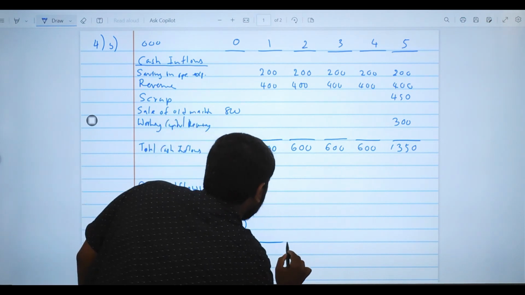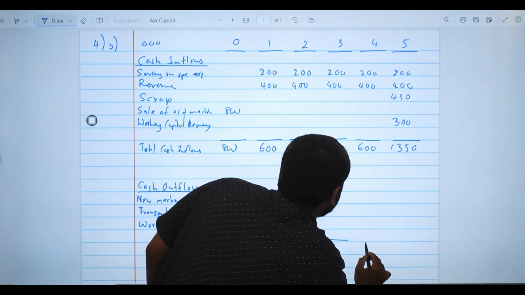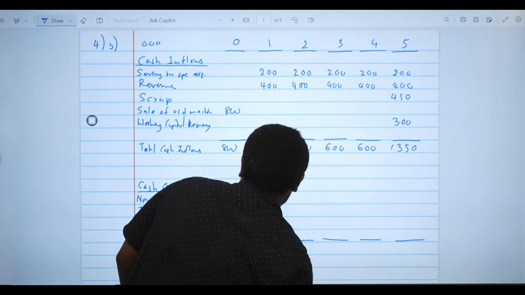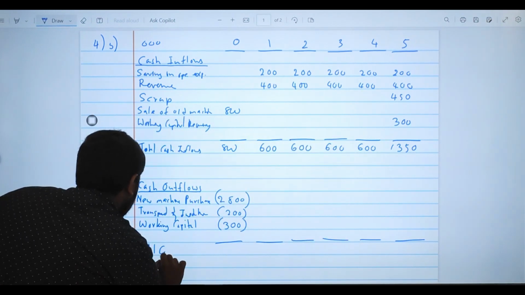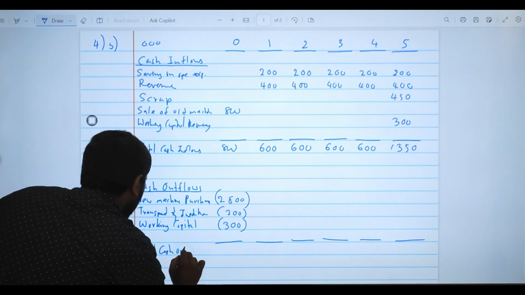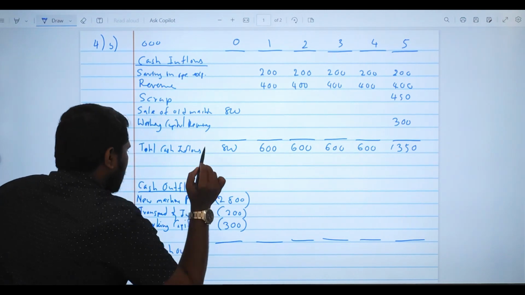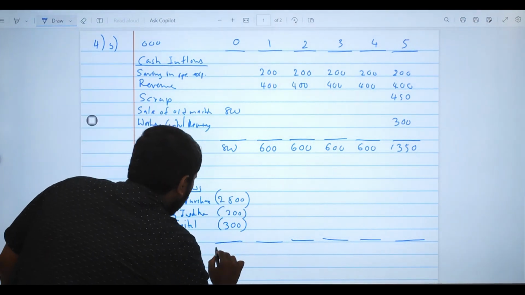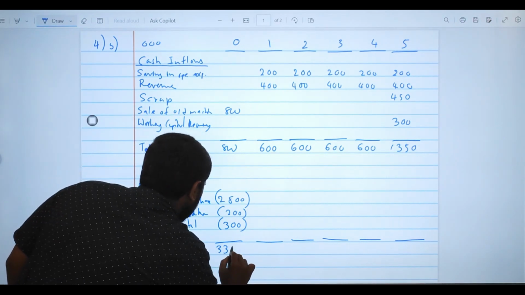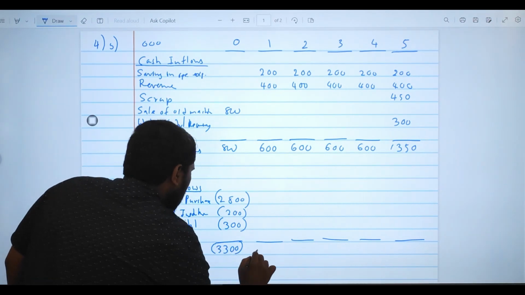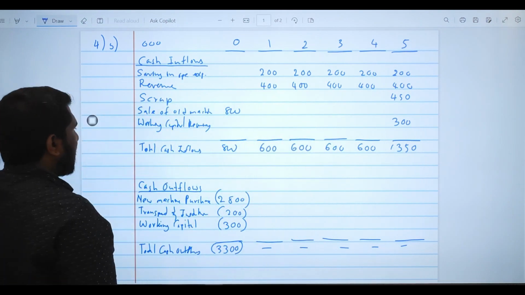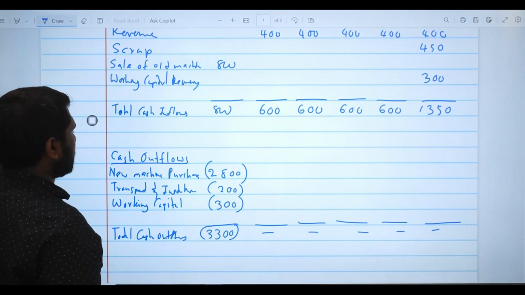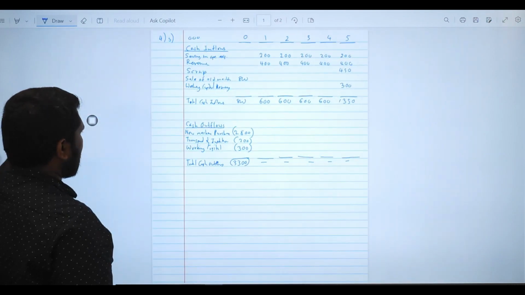So let me take the total cash outflows also. Here you have a total cash outflow of 3,300. Other years nothing. So now I can take the net cash flow.